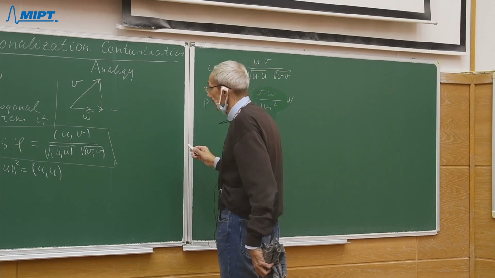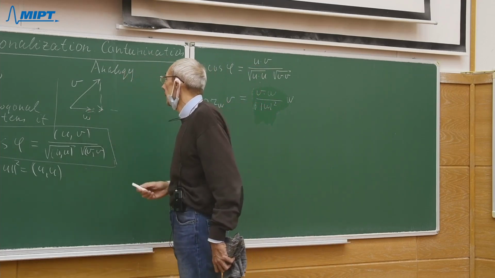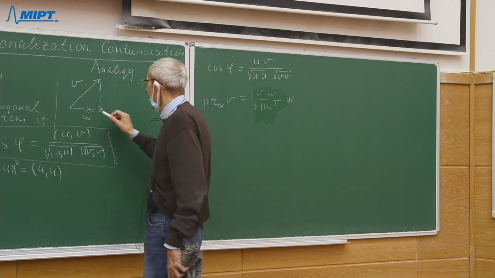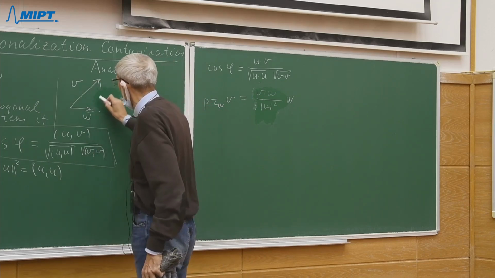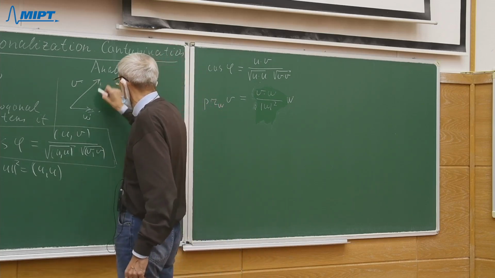Namely, this picture illustrates this formula. We have vector w and vector v. What does the projection of these vectors mean?